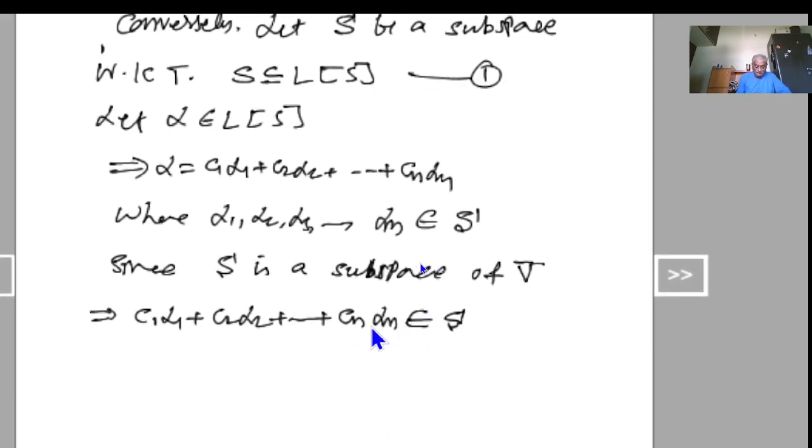This is nothing but our alpha. So this implies alpha belongs to S.